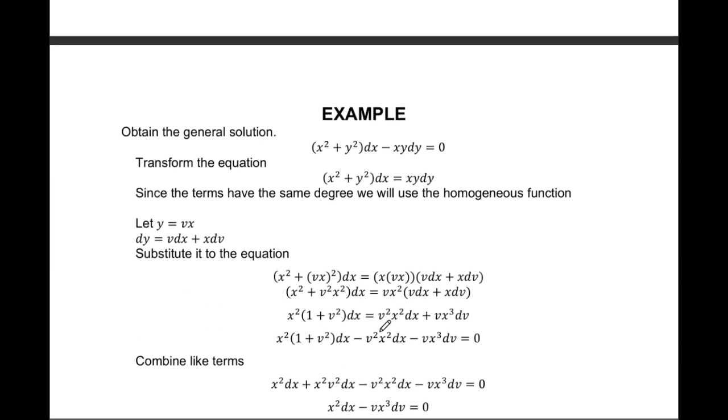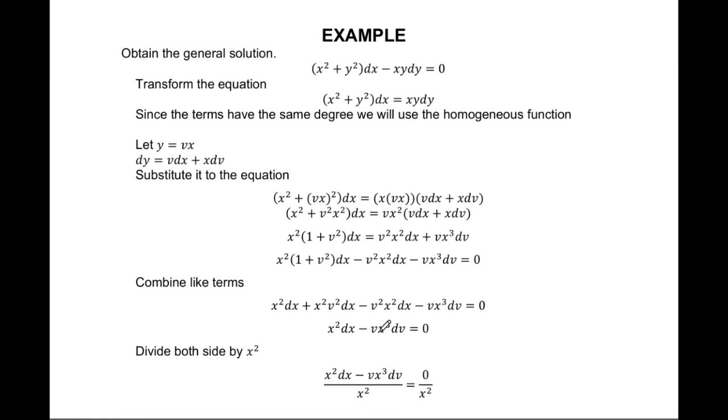So now we will have the example. We are going to obtain the general solution of x squared plus y squared dx minus xy dy is equal to 0. You can notice that all terms have the same degree. x and y, if we multiply their degree, result in the same degree as the degree of dx.